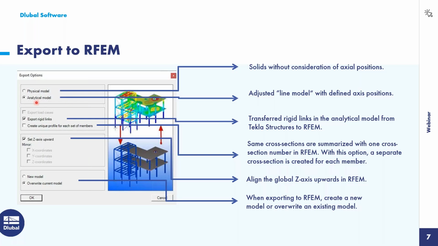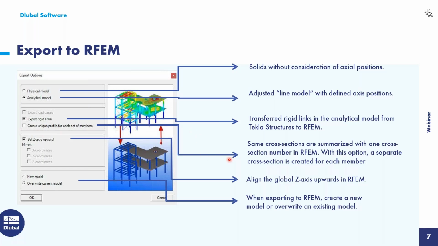Analytical model is what you'd want to choose if you're looking to run a structural analysis. Next, you have this option for exporting rigid links, which is checked on by default. So if any rigid links are defined in Tekla in the analytical model, then those will be exported into RFEM as well.